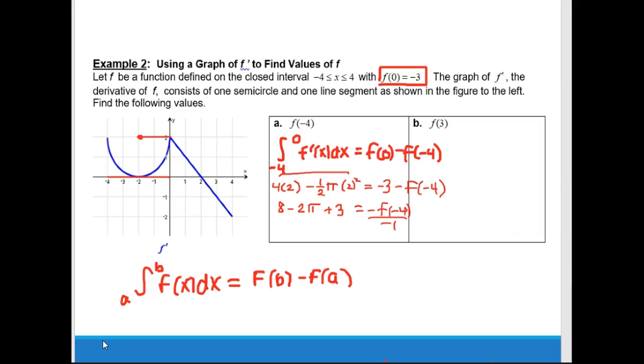So I have to divide everything by negative 1. So 8 plus 3 is 11. 11 divided by negative 1 is negative 11. Negative 2 pi divided by negative 1 is 2 pi. So f of negative 4 is equal to negative 11 plus 2 pi.